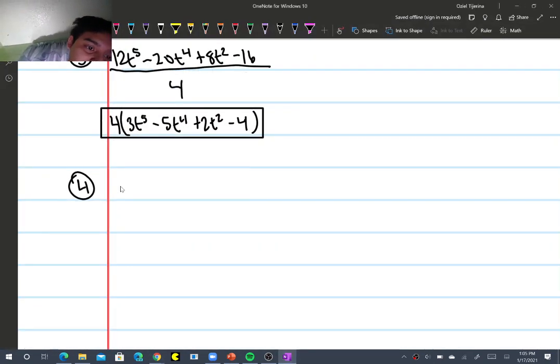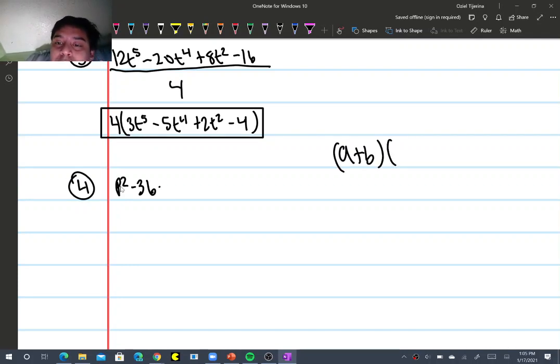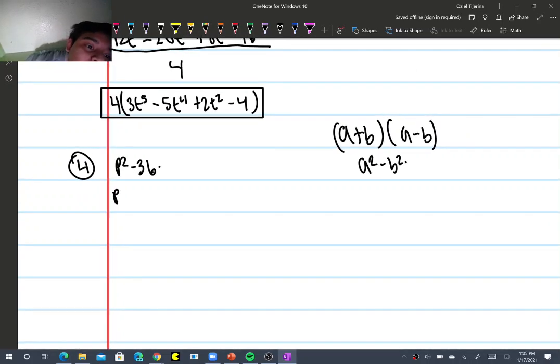we have p squared minus 36. Now, if you remember the sum and difference pattern, a plus b times a minus b is a squared minus b squared. Here we have p squared minus 6 squared.